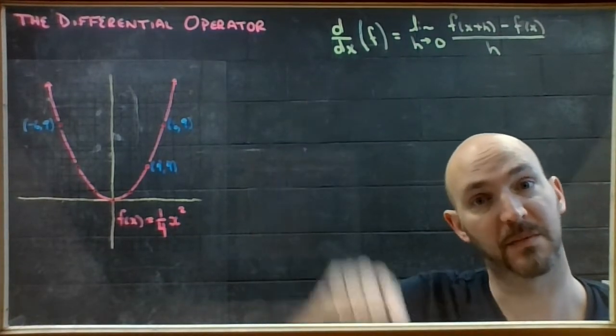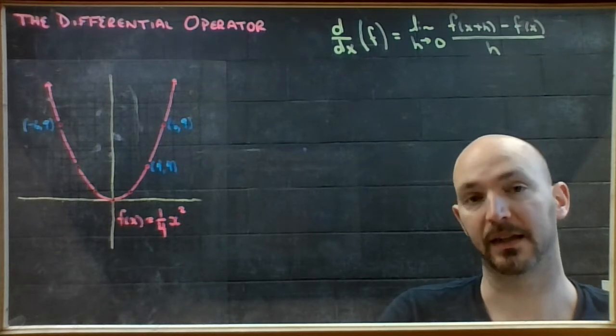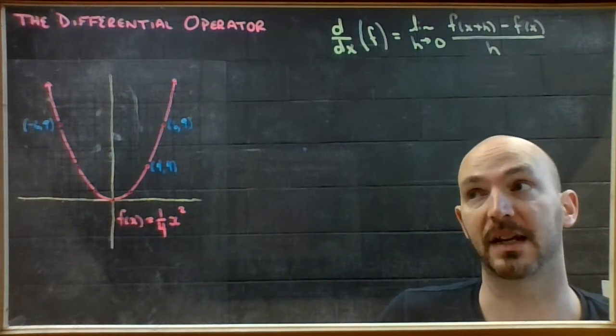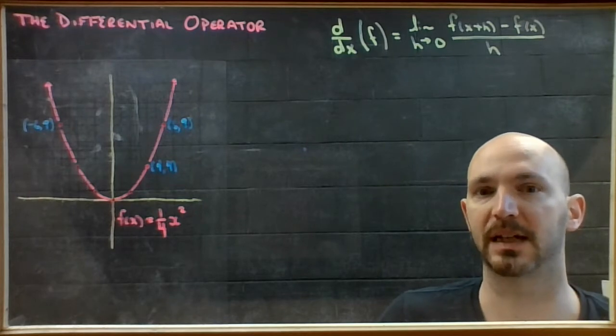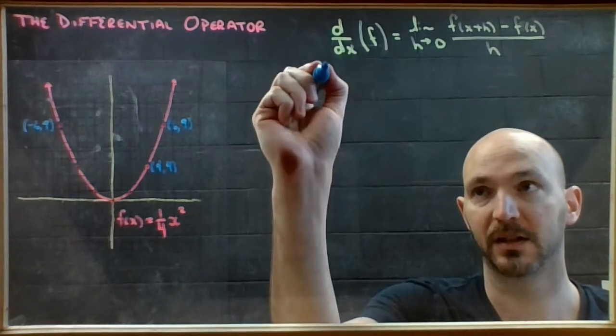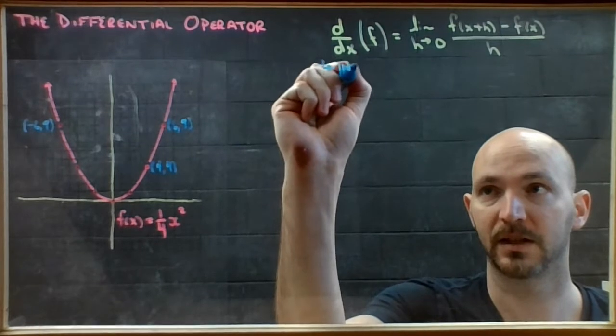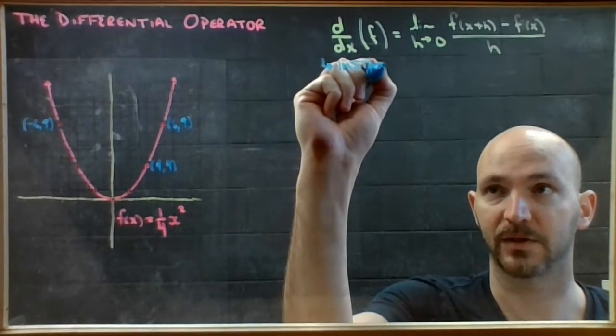Now this may be familiar to you. This thing is the instantaneous rate of change, and you should have done that in advanced functions. So let me jot that down. Instantaneous rate of change.